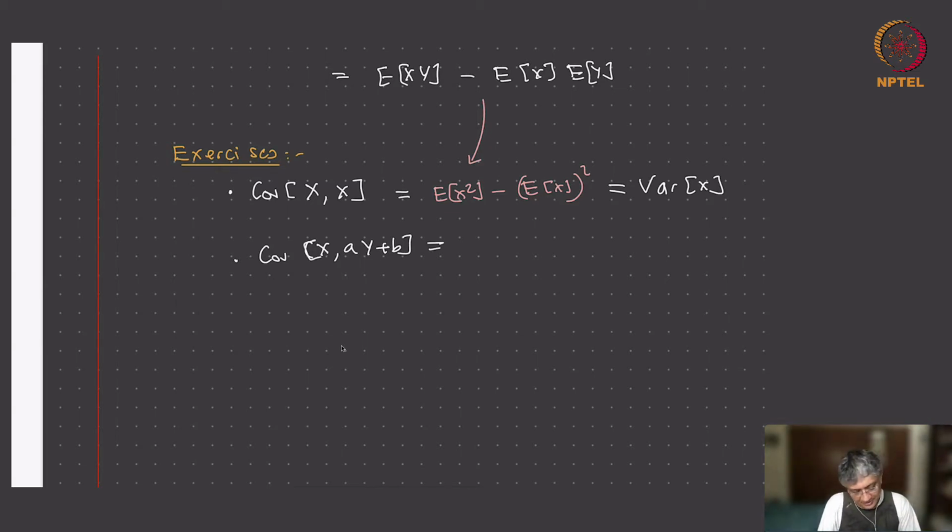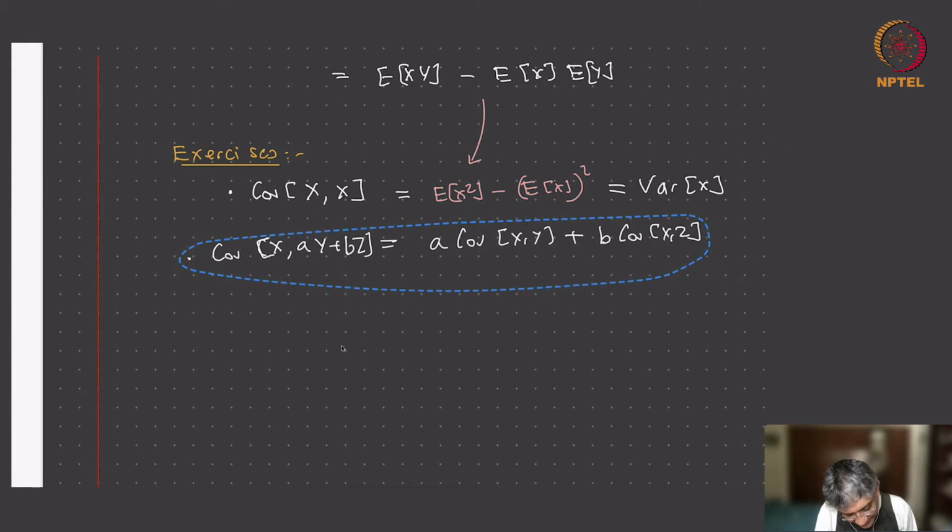It's bilinear, so it'd be a times covariance of x comma y plus b times covariance of x comma z, right? That's what you have. Very nice. There are some properties you can show. Of course, assuming that all the covariances exist and they're all well defined, and you can add them up.